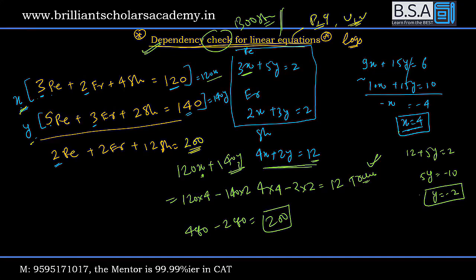क्योंकि हमें टू पेंसिल्स चाहिए. We need two pencils. Pencils are 3 in the first equation. Pencils are 5 in the second equation. When you multiply x and y, the pencils become 3x and 5y. 3x and 5y pencils. See, PE is the price of a pencil.